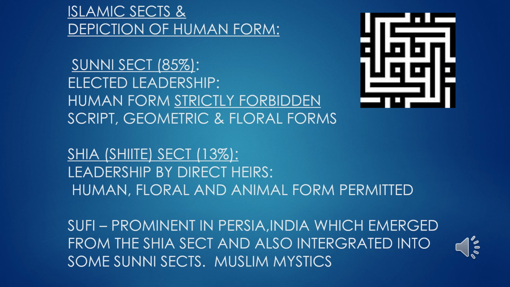But there's also Sufism, and there's Muslim mystics who were, you can see, prominent in Persia and India, that emerged from the Shia sect, but also integrated in some Sunni sects. Their name is from the word suf, which is a garment of coarse wool. And one of their famous quotes is that God is beautiful and loves beauty.